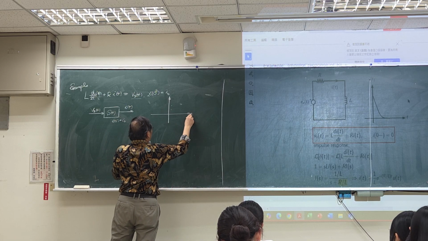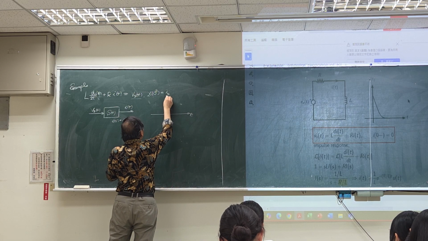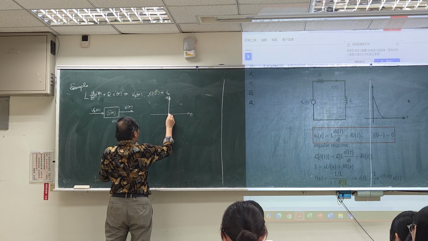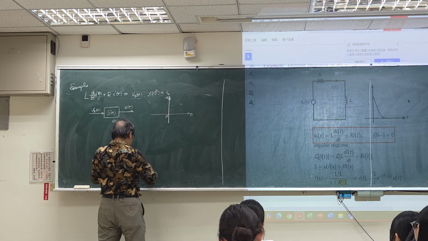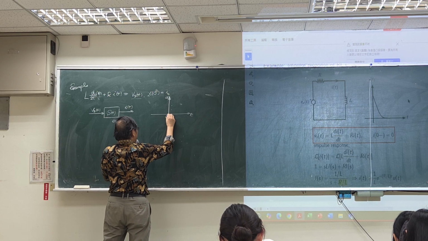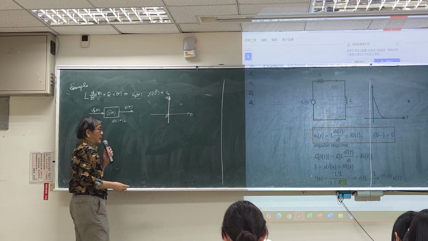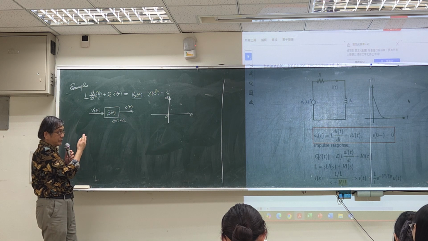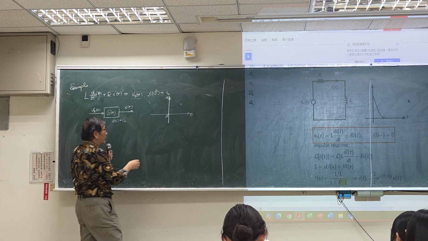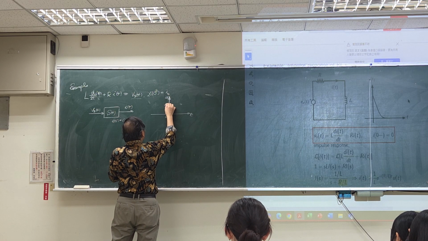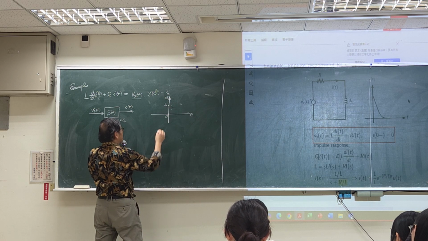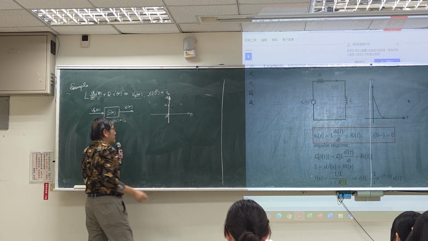This is T, and this is I of T, and this is 0. Then 0 sub minus would be the time next to the 0, but very close to 0. So initially, suppose we have a non-zero current, I sub 0.